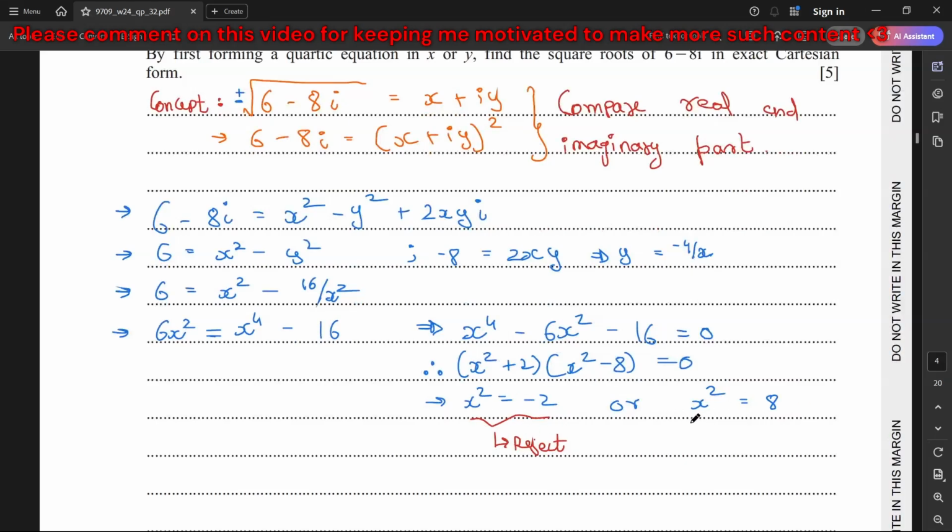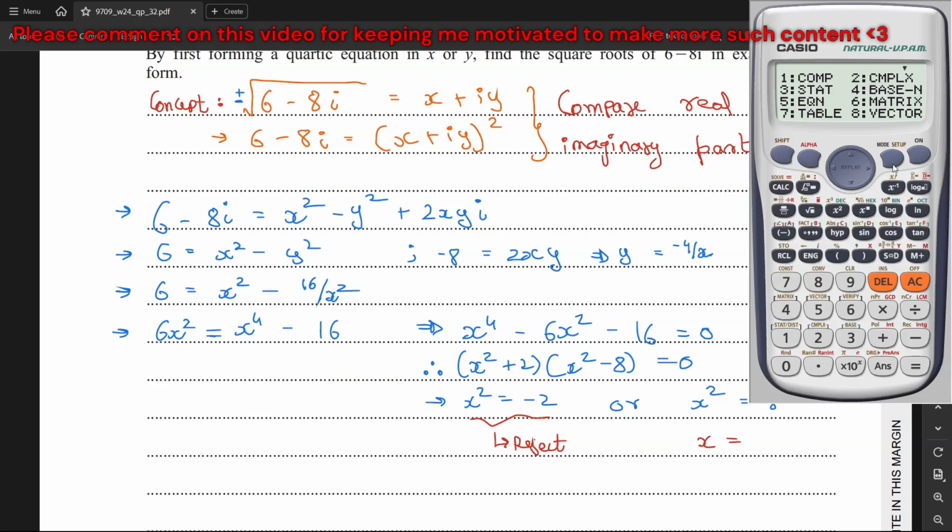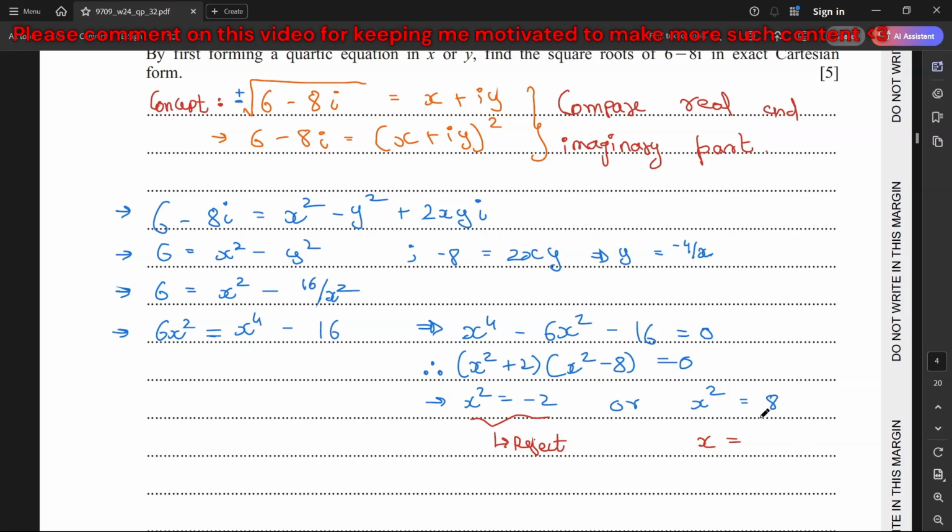And therefore I can just go ahead and say that my x will be equal to the square root of 8, which is 2 root 2. But now because we are taking the square root, we have plus minus 2 root 2. And now we are just going to say that when the value of x was positive 2 root 2, what will be my output of y? And as opposed to that, when the value of x is minus 2 root 2, what is the value of y?